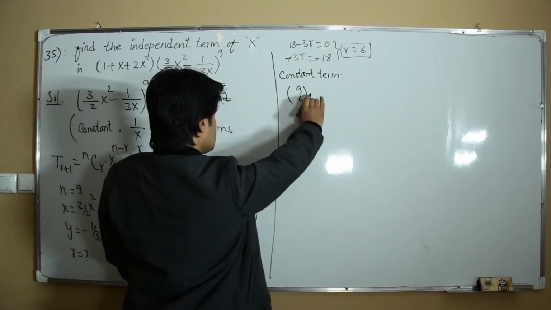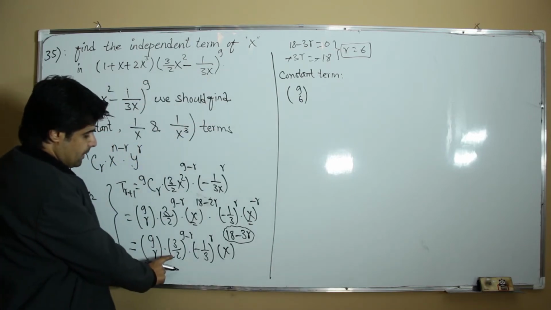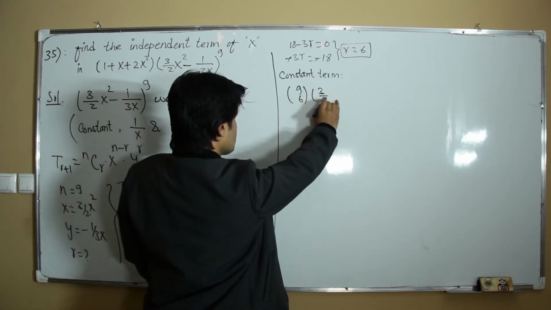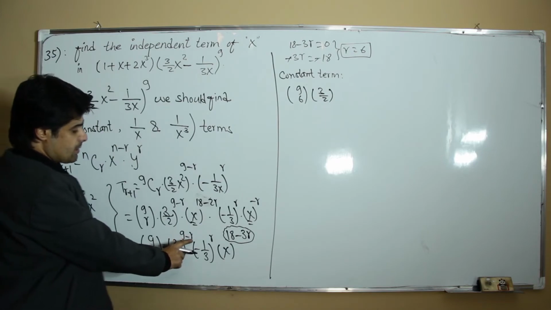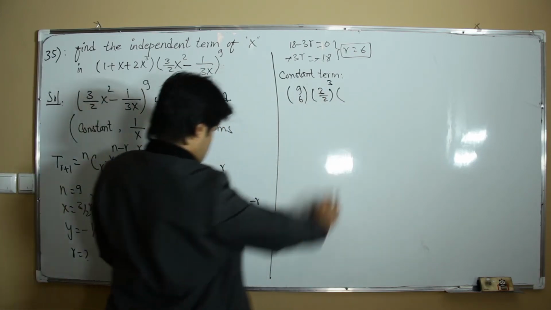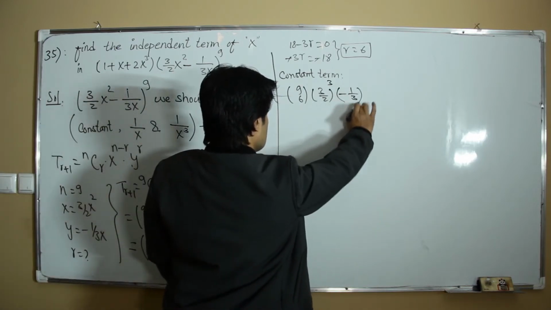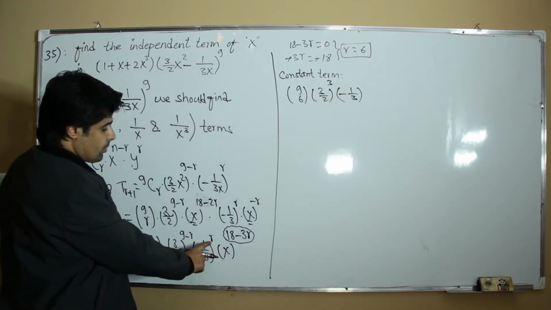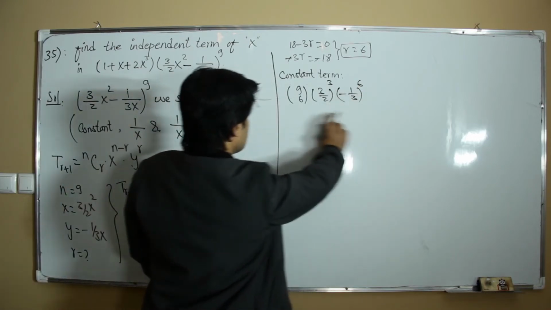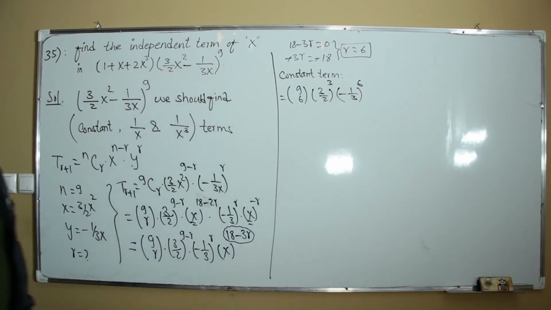9 c 6, 3 by 2, 9 minus 6 is 3. And this one, minus 1 divided by 3 raised to the power, and instead of r, you have to put what? 6. Now you can simplify this one. If you simplify this one, you will find what?